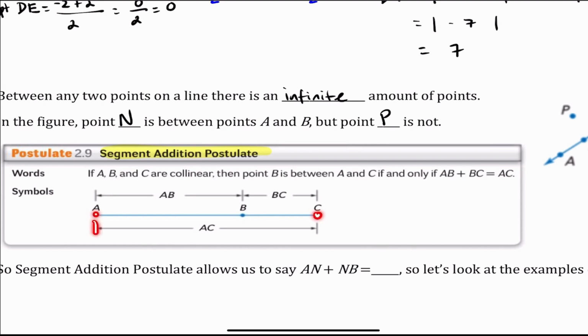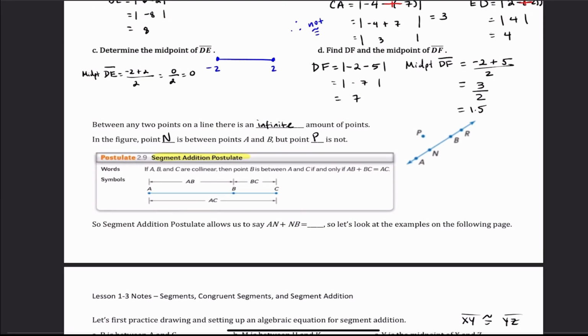This whole segment is the measure of AC. If I break that segment into 2 parts, well, I have a part plus another part. And if you were to combine these 2 parts, well, what do you get? You get the whole thing. We got AC.